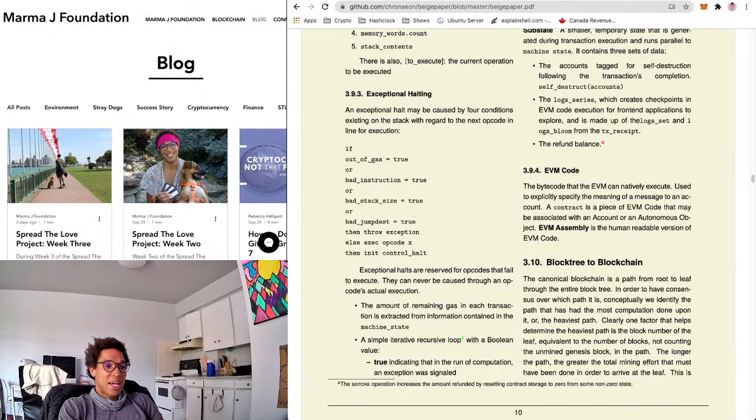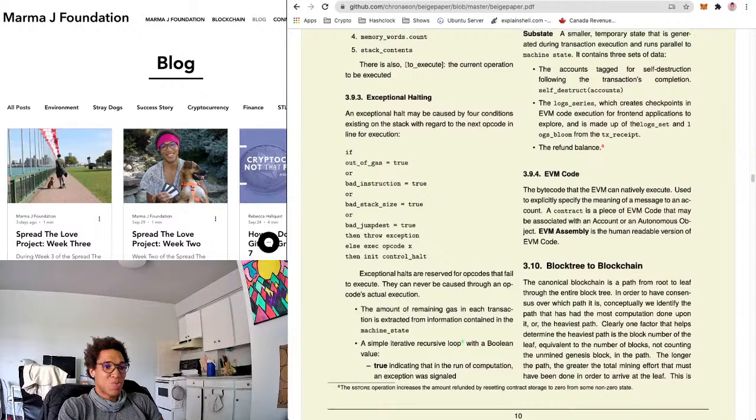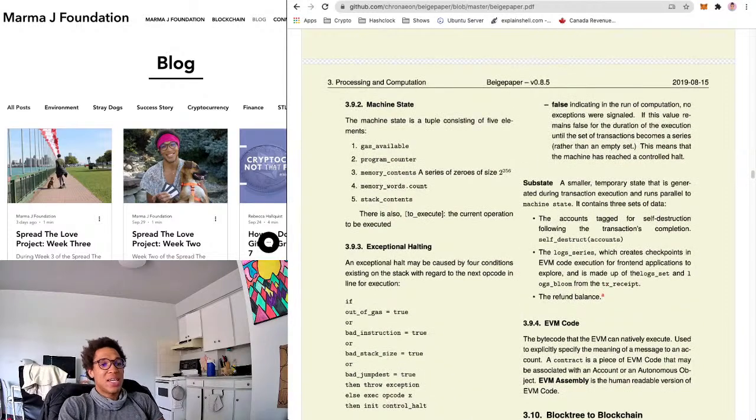The amount of remaining gas in each transaction is extracted from information contained in the machine state. A simple iterative recursive loop with a Boolean value of true indicating that in the run of computation an exception was signaled, or false indicating no exceptions were signaled.